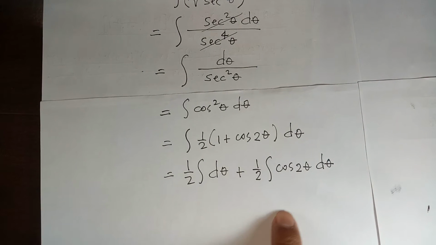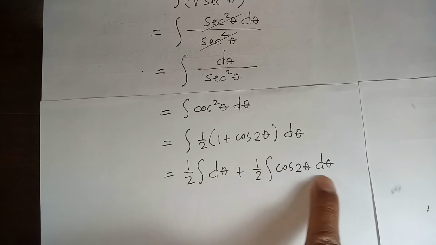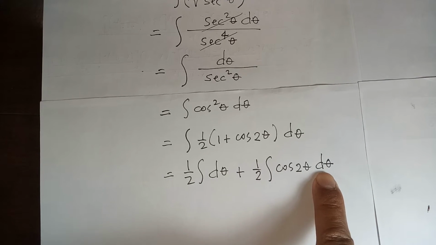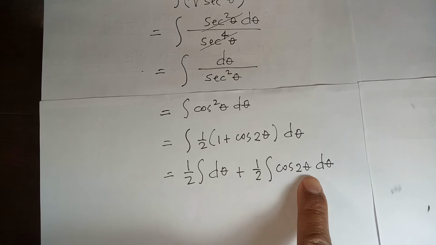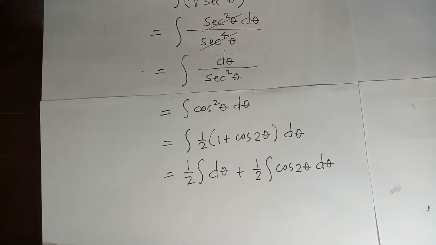Okay. So, integral of cosine 2 theta d theta will become integrable kung meron tayong exact derivative ng 2 theta sa integrand. Dahil ang derivative ng 2 theta ay 2 d theta, dahil wala tayong 2 doon, ang gagawin natin ay magmumultiply tayo ng 2.